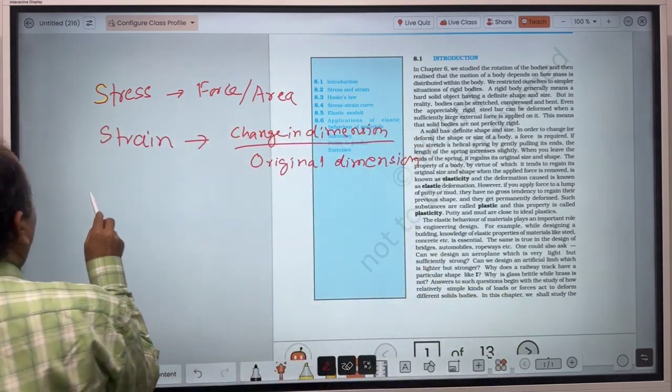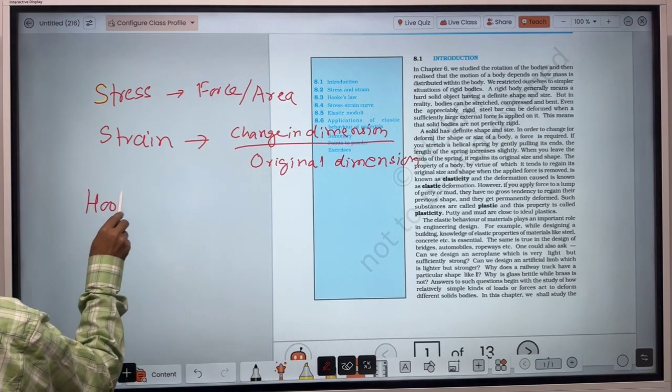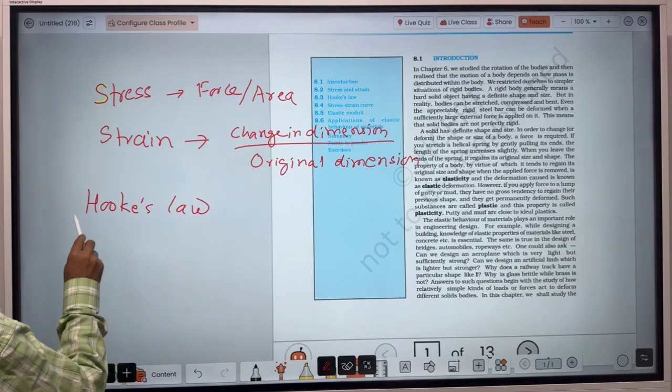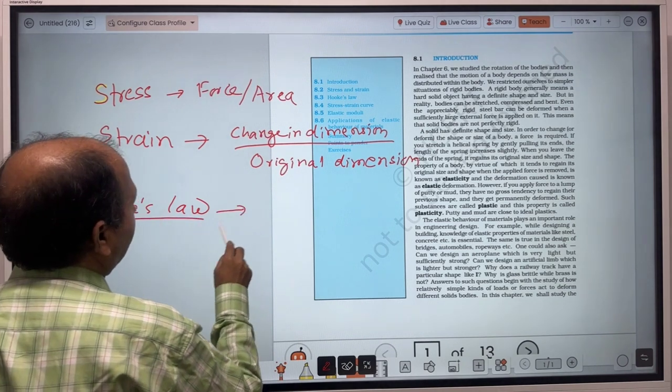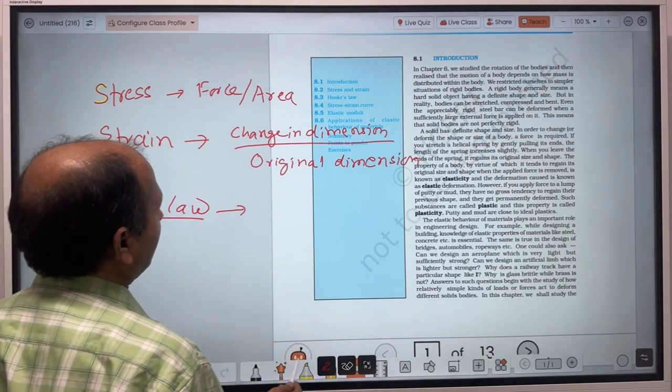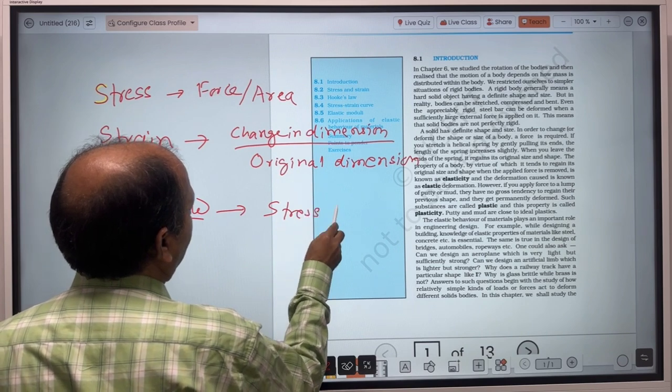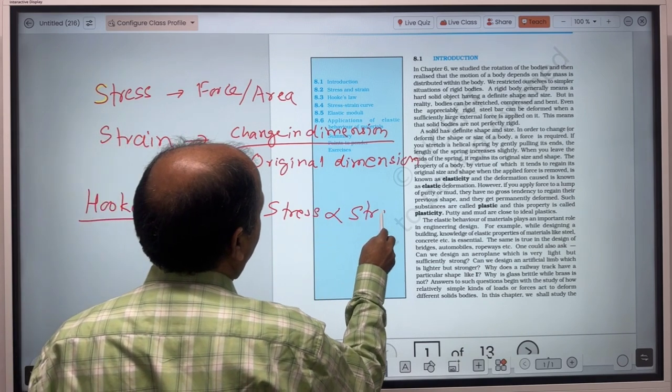After that we will study Hooke's law, which tells that within elastic limit, stress is proportional to strain.